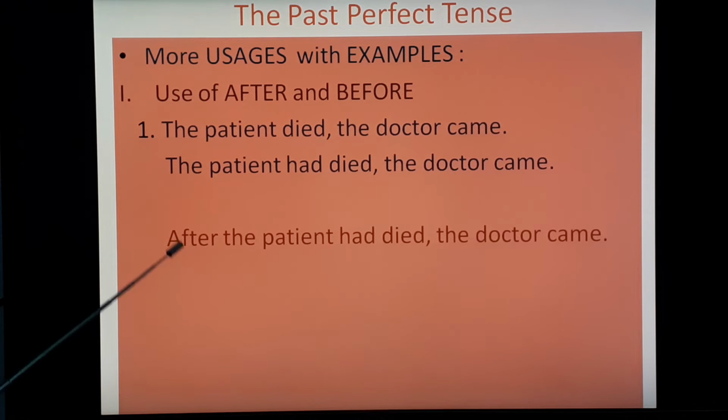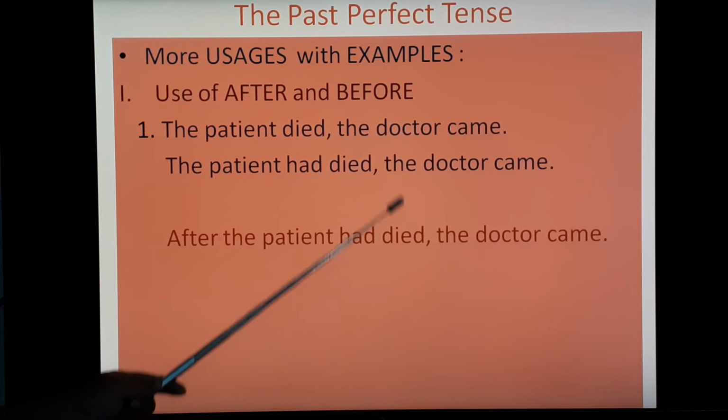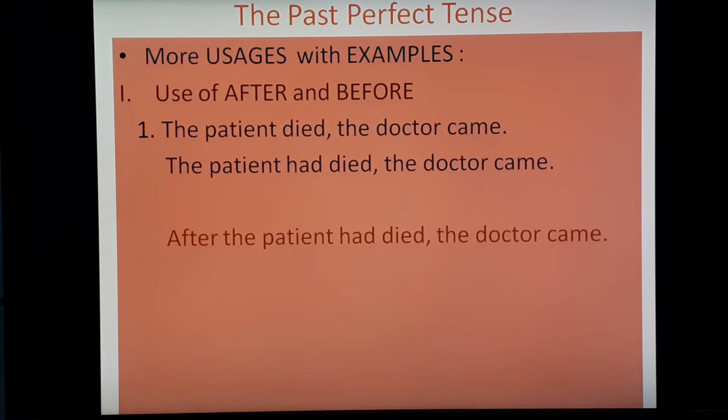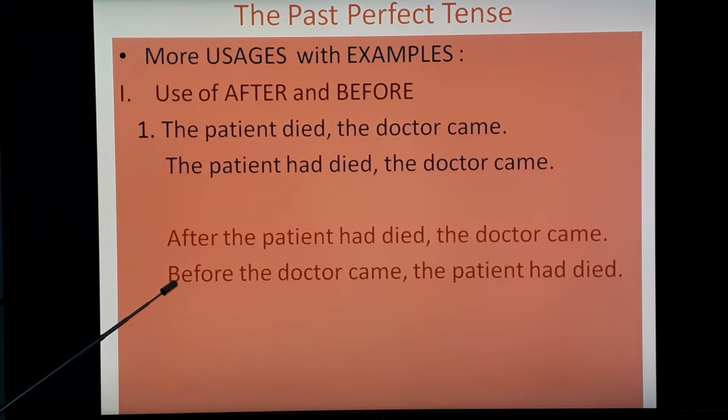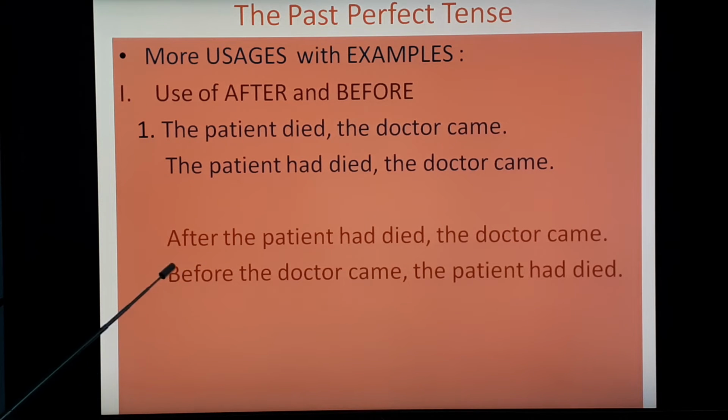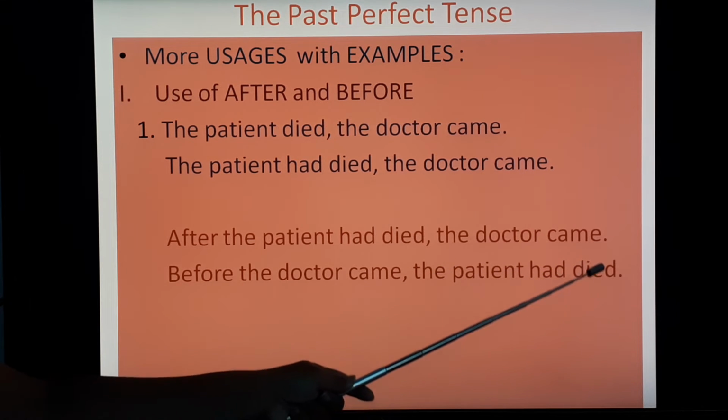That is why here it is given after the patient had died, comma, the doctor came. Now with the second action you have to put before. See the example. Before the doctor came, this doctor came will come in the beginning. Why? Because we are writing before in the beginning, that's why. Before the doctor came, comma, the patient had died.